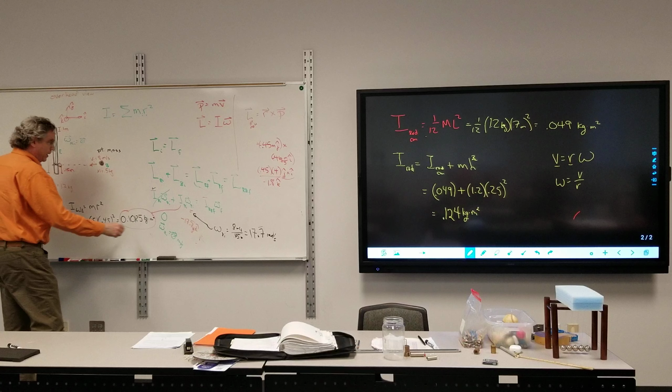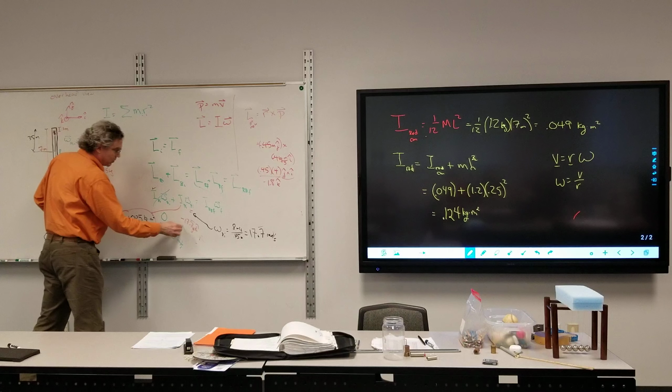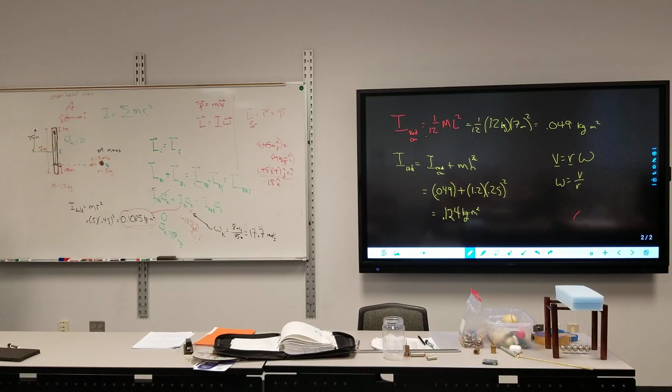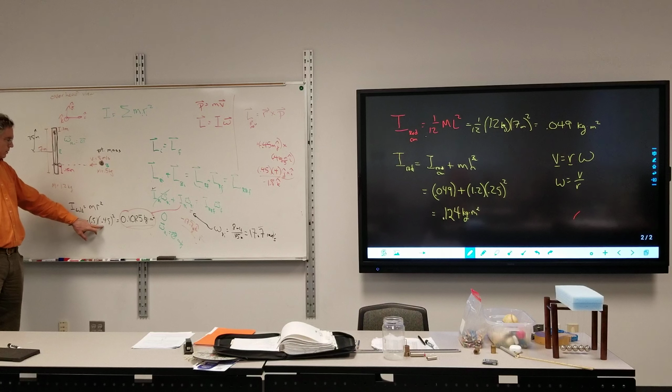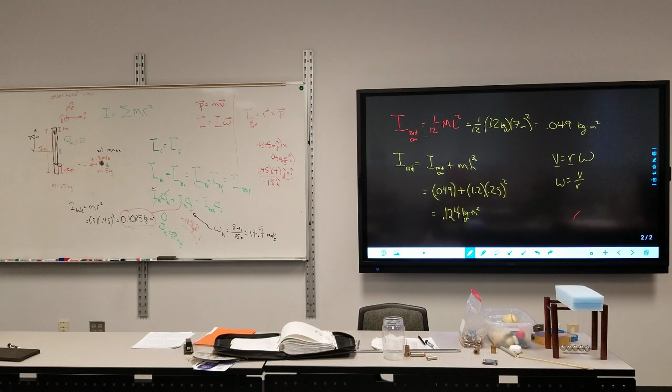So now if I multiply I here times omega, I suspect I'm going to get 0.124. Or not, something's off. Multiply a factor of 10 somewhere, I think.